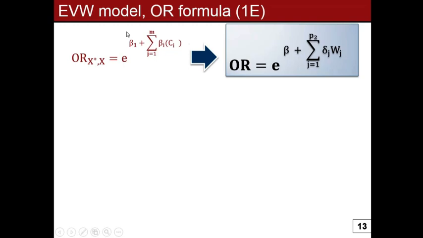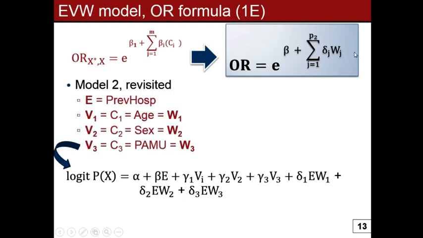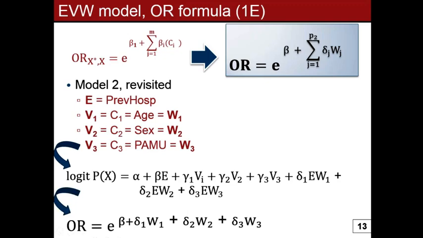And I said this was the odds ratio when there is interaction with exposure. To rewrite this using the EVW language would be e to the beta plus the sum of the deltas times the W's. And remember, this represents that. Here we go, I'm just going to put this all up here.